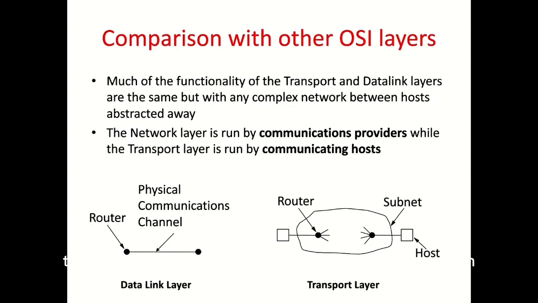In the data link layer, we have some sort of physical connection. There might be a bunch of intermediary nodes along that connection, so routers that forward our packets through our network to get to some end goal. But in the transport layer, something happens in the middle. We're not exactly sure, but it will get from point A to point B, right, in between two clients or two hosts.